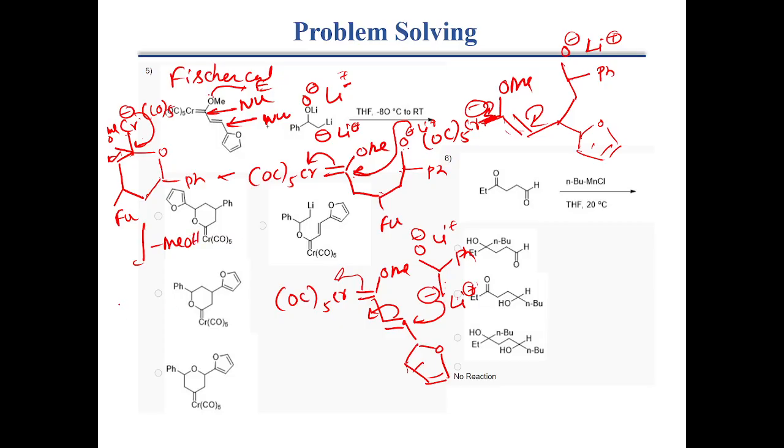This will give this product: oxygen, double bond, chromium Cr(CO)5, furan, and phenyl. Between chromium and phenyl there is oxygen. So chromium, phenyl, and furan. So this is the right answer.